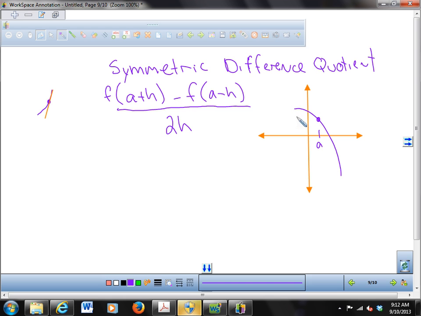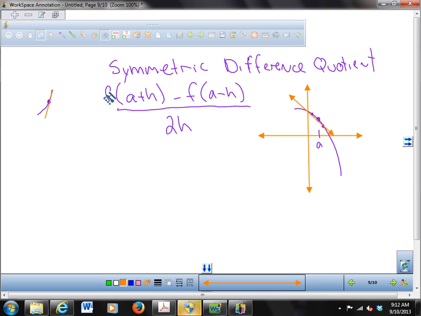What you can do to be a little more accurate is to go symmetrically a little bit. Let's undo that. If I go a little bit behind that point a and a little bit in front of that point a, I can get kind of a better picture of what the slope actually is at that point. Do you understand that? And as I get closer and closer, I get closer to the actual slope at that point.